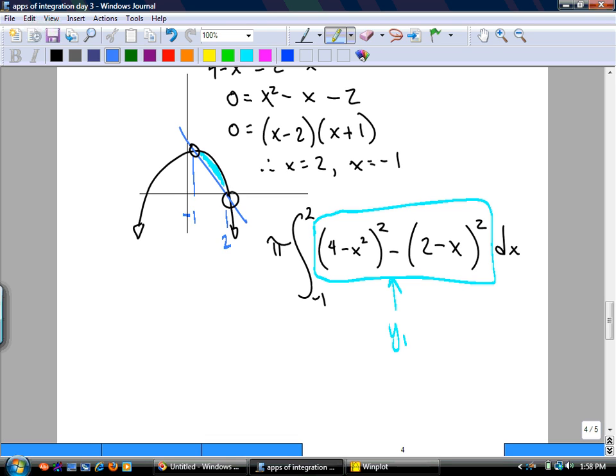So put that integrand in Y1. Got it there? And then go second, trace 7. Negative 1, enter. Positive 2, enter. And what does it say? What would happen if you didn't have a calculator?